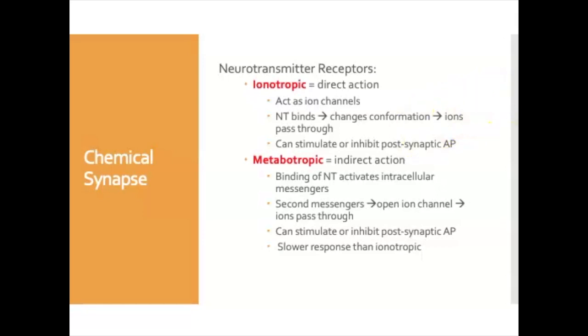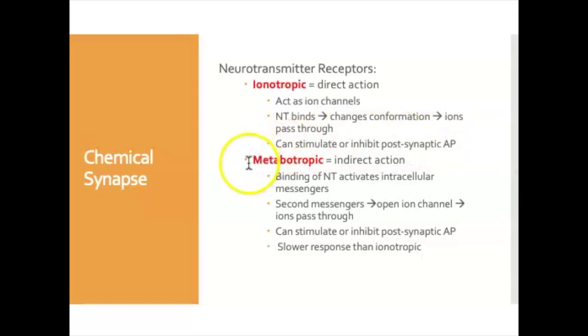And the nervous system is capable of both. So we have a very fine-tuned response here. With a chemical synapse and neurotransmitters, we can see either stimulation of action potentials in the postsynaptic cell or inhibition of action potentials in the postsynaptic cell.